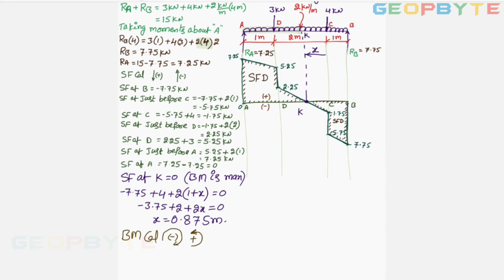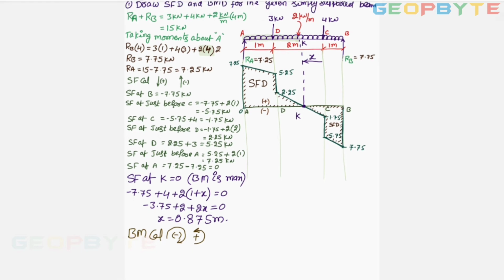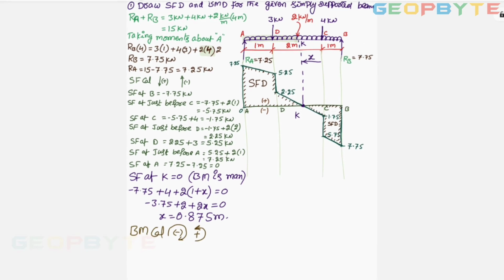Now, let us go for the BM calculations. You know, BM at B equal to 0, because that is one support, and BM at A also 0.